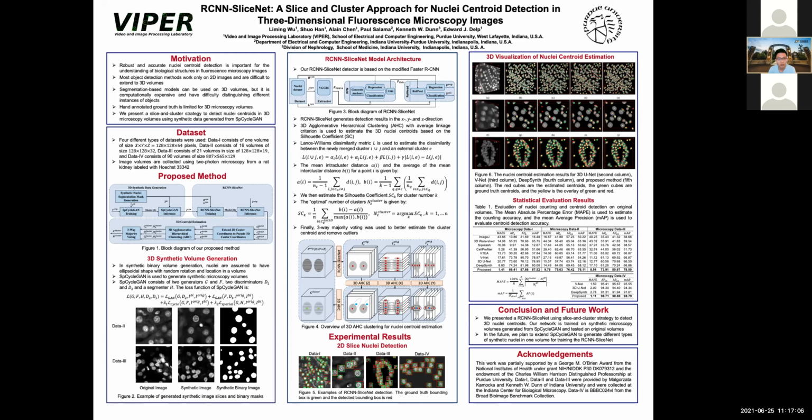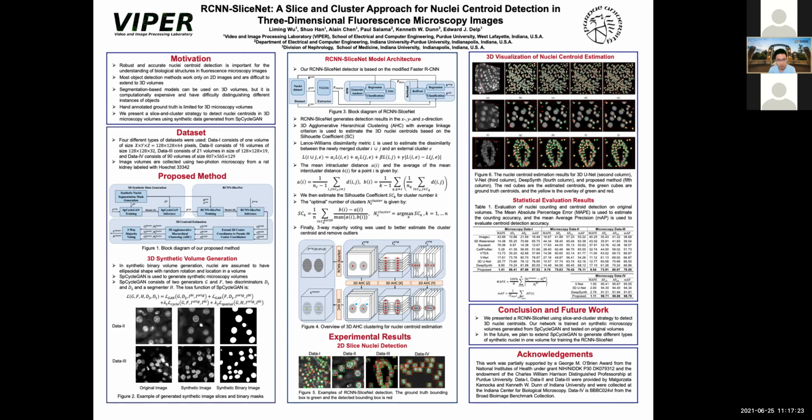However, we are currently facing several challenges. For example, most object detection methods work only on 2D images and are difficult to extend to 3D volumes, such as the regional convolutional neural network-based method.